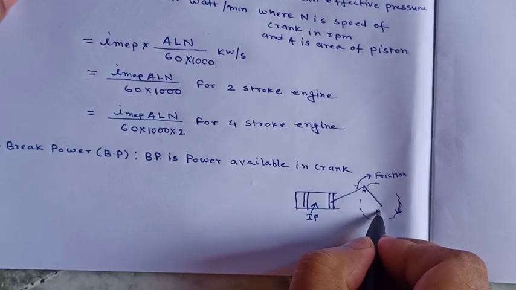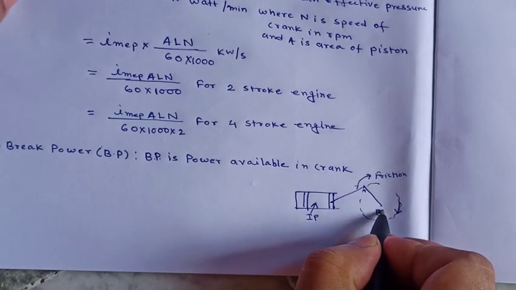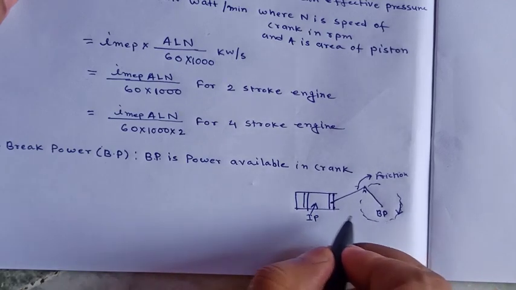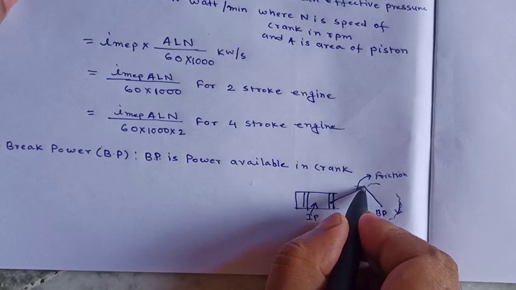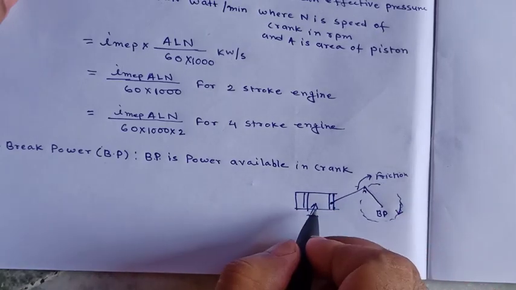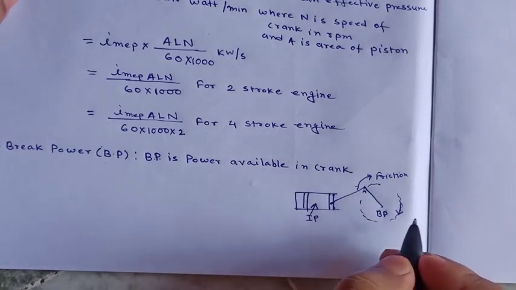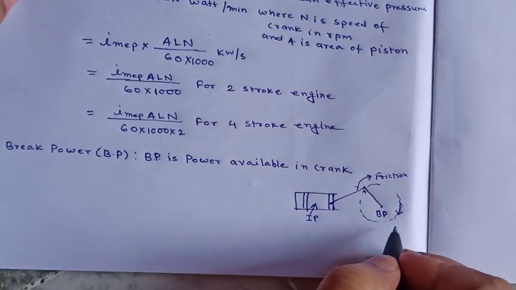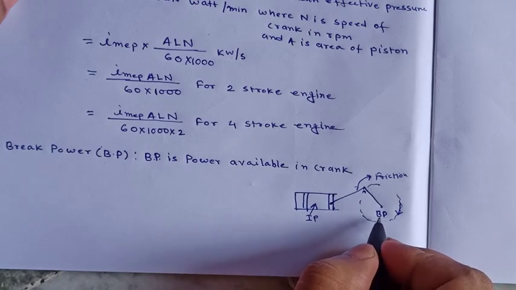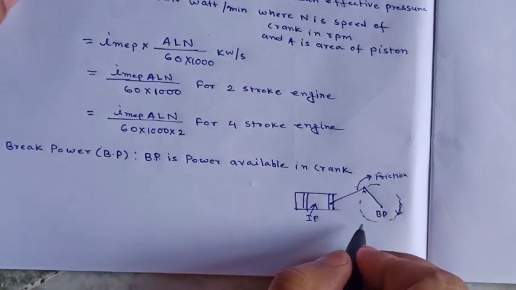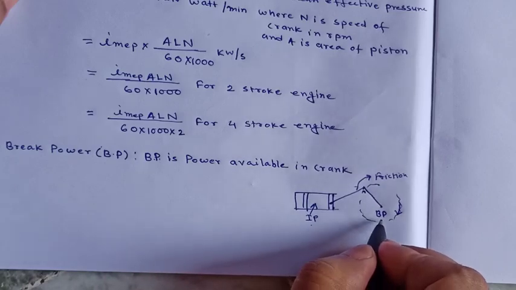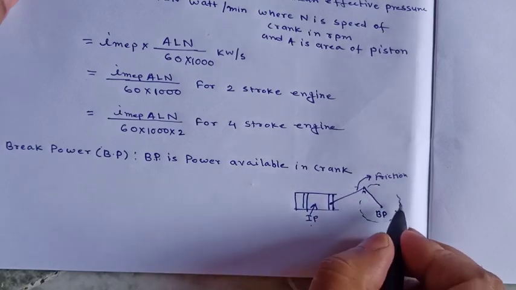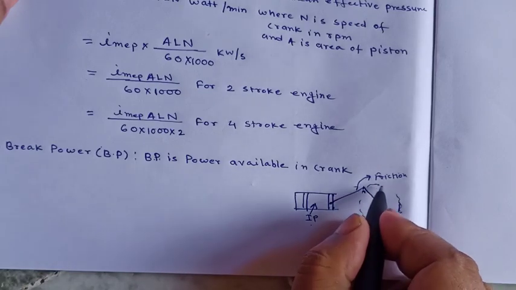So this power available at the crank is BP, that is brake power. All the power is not the same because there is some friction in this link. So after the loss of this power, the final power reaching this crank is less than the IP.